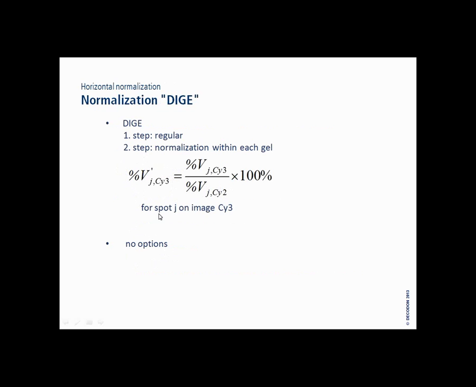There are no options to control this step. This is just done automatically in the background when defining an experiment to be an experiment using an internal standard, and when you have assigned all images properly to certain gels and defined certain gel images as the standard images.